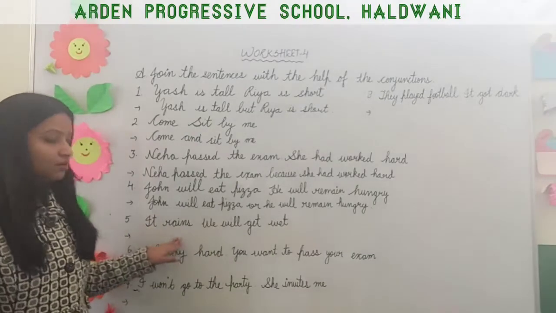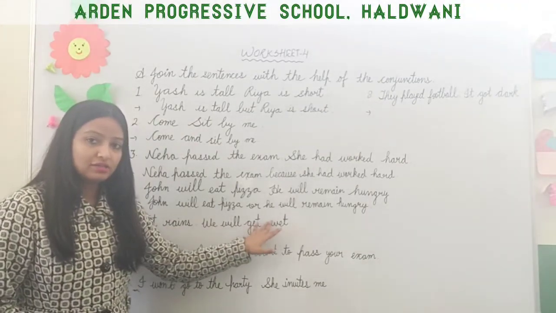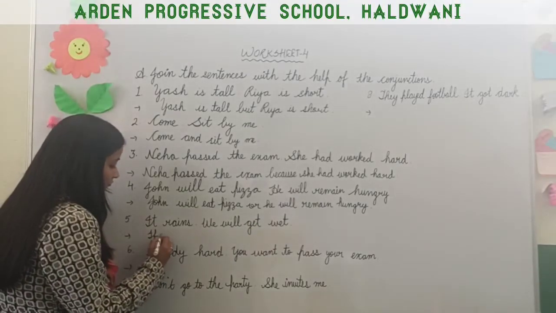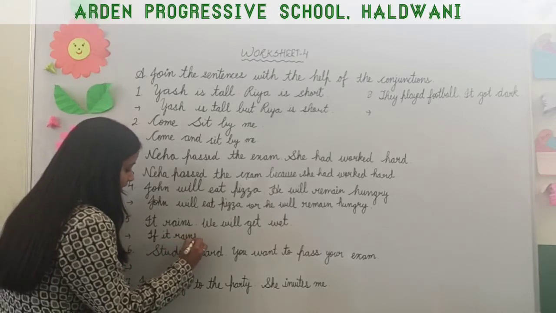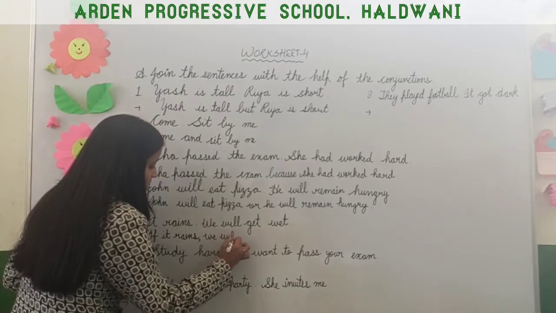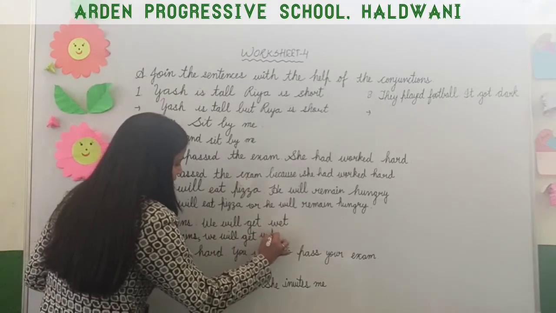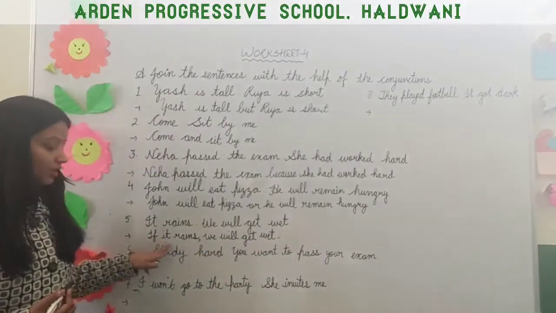That is it rains. If it rains, we will get wet. What will be the new sentence? If it rains, we will get wet. Or we will get wet if it rains.